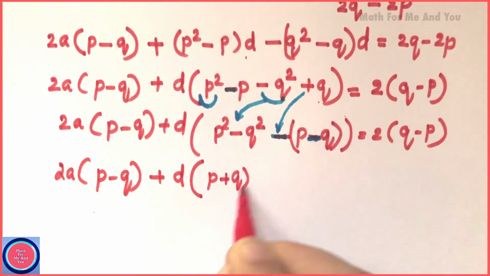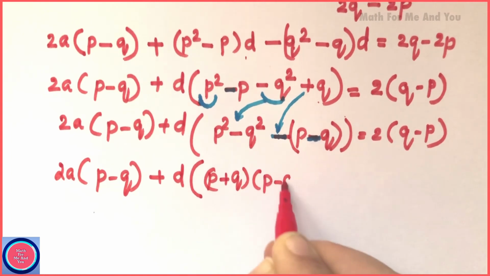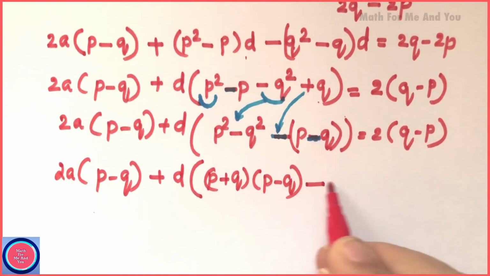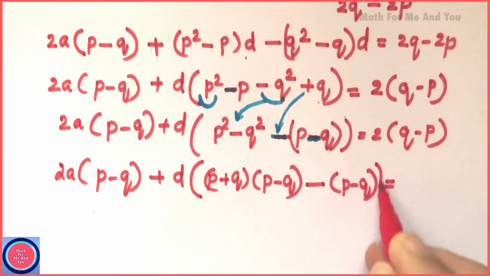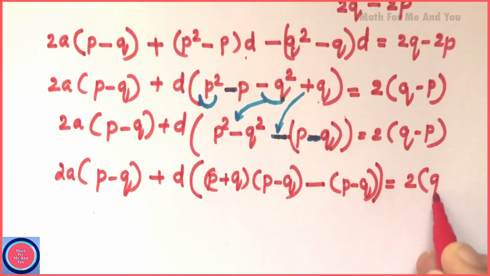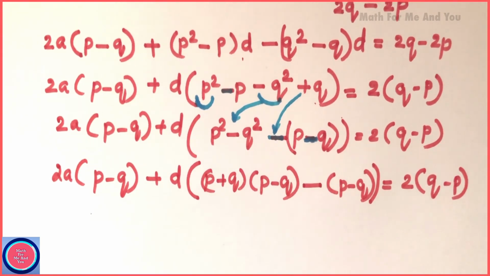p square minus q square, we can write as (p plus q) times (p minus q). We know that. Then minus (p minus q) without any change. The right side is 2 times (q minus p). Now in every term we can take p minus q as a common factor. See, each term has p minus q. We write p minus q as a common factor from all the terms.